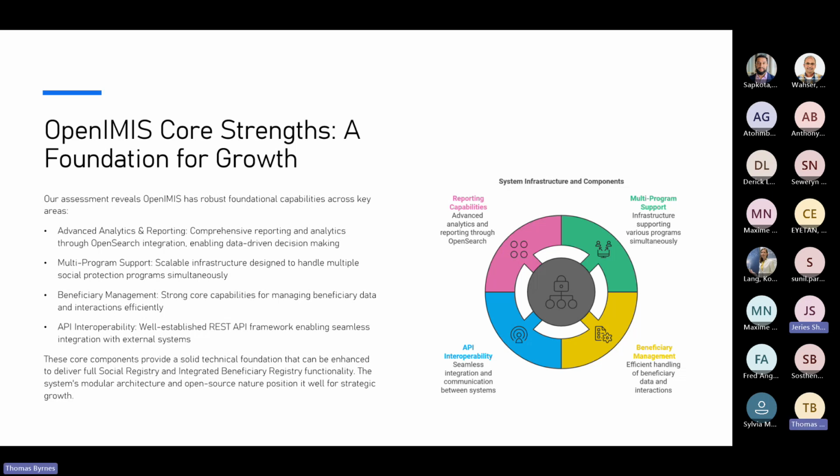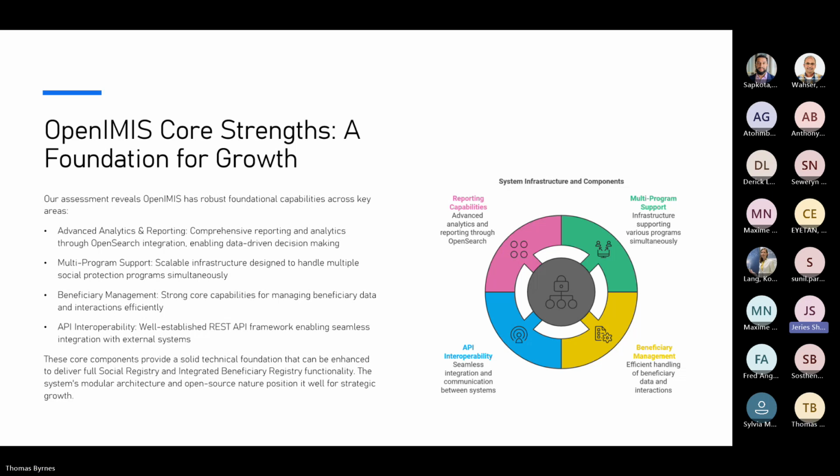Moving forward, we have found the foundation core growth in openIMIS that could be used to expand, to move toward new systems. Now, there are four elements of strength within the current openIMIS infrastructure. The first one is the analytics and reporting capabilities. There is already an integration with a reporting server of OpenSearch, so this reporting capability is already there. The second is multi-program support. openIMIS is a multi-program platform.